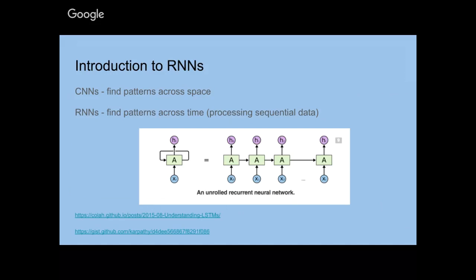Then he comes to RNNs, and a basic introduction of what RNNs do. CNNs usually find patterns across space, across images, but RNNs are usually finding patterns across time. It's not a very robust definition, but it gives you an intuition.